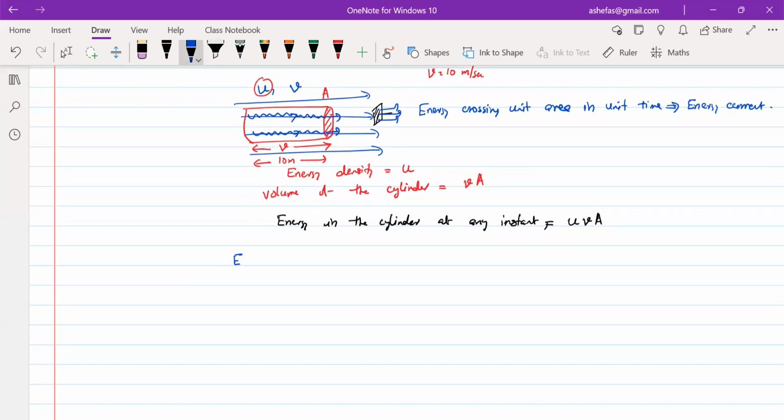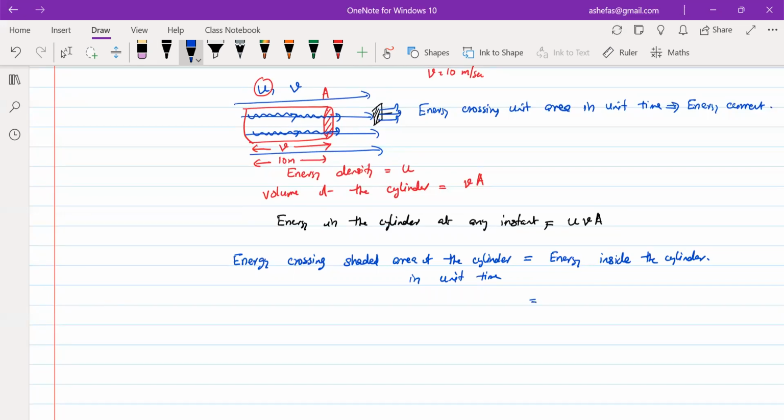Since the length of the cylinder is numerically equal to the speed of the wave, the energy crossing the shaded area of the cylinder in unit time is equal to the energy inside the cylinder.